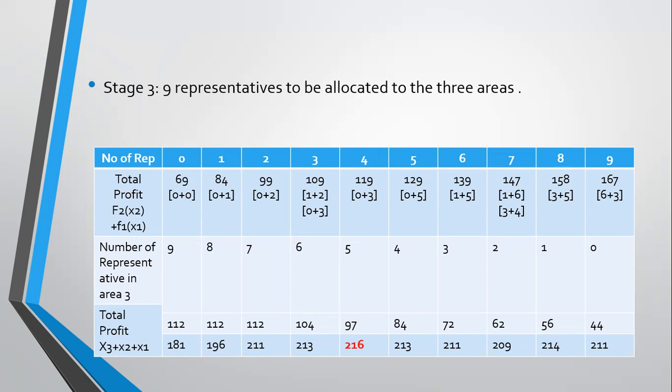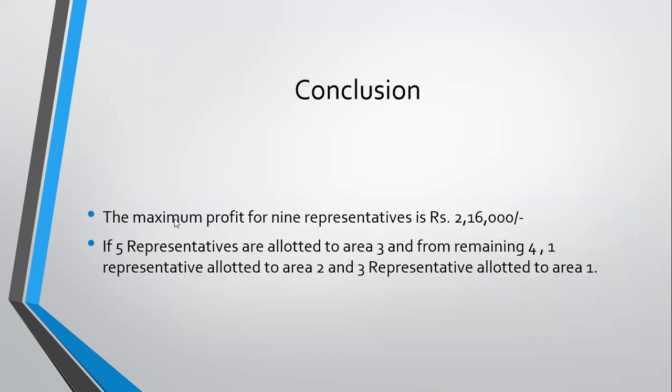Say 3 can be allotted in area 2 and 1 in area 1. So totally 4. You can see the solution. The maximum profit is 2,16,000 rupees for the available 9 medical representatives.